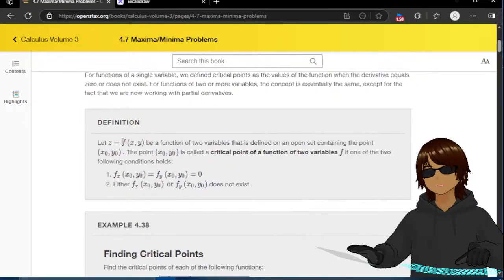Let c equal f of x, y be a function of two variables that is defined on an open set containing the point x naught, y naught. The point x naught, y naught is called a critical point of a function of two variables f if one of the two following conditions holds: both partial derivatives are 0, or either of these does not exist.